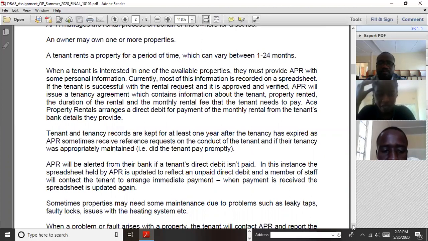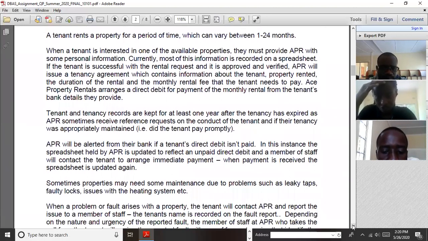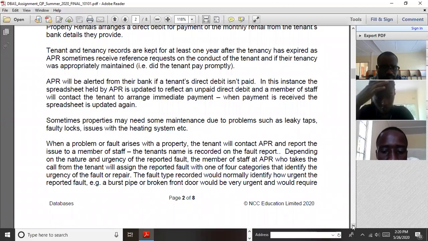Sometimes properties may need some maintenance due to problems such as leaking taps, faulty locks, or issues with the heating system. When a problem or fault arises with the property, the tenant will contact APR and report the issue to a member of staff. The tenant's name is recorded on a fault report.